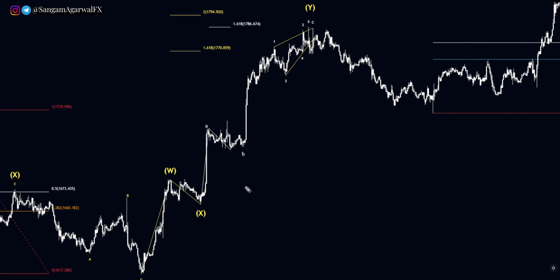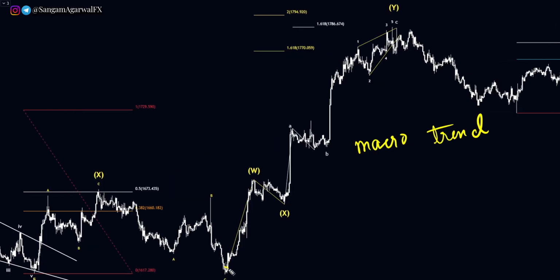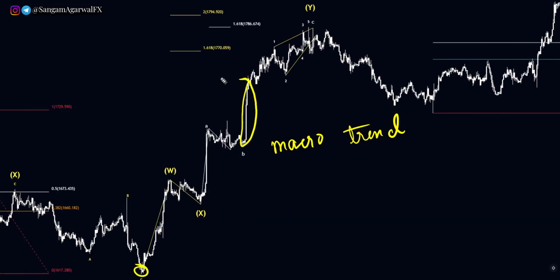But again, everything depends on news and your understanding of the macro trend, because that bottom was made on FOMC and we already had news right at this bottom that the next hike will be 50 basis points, and this final jump came after CPI.